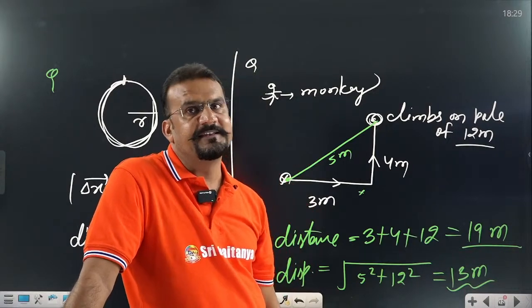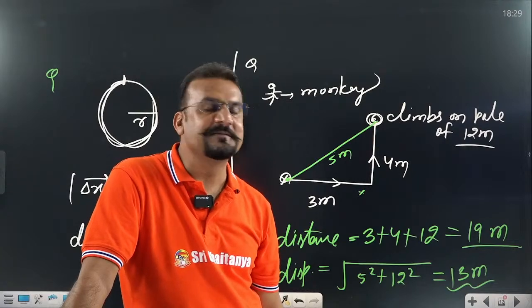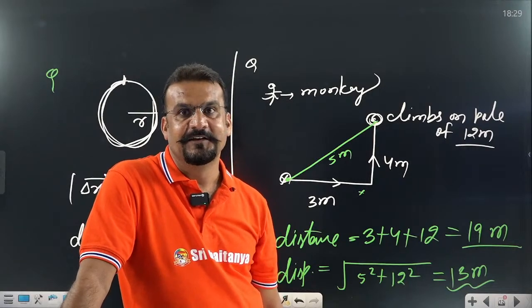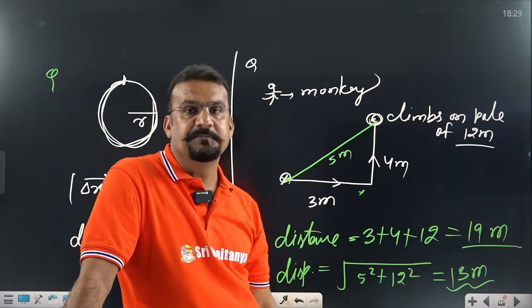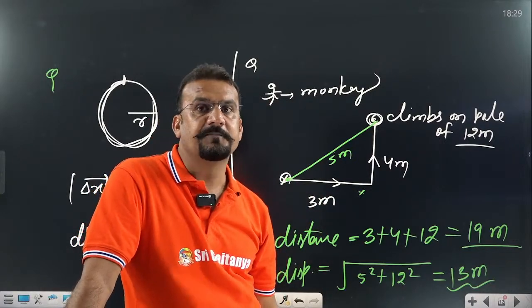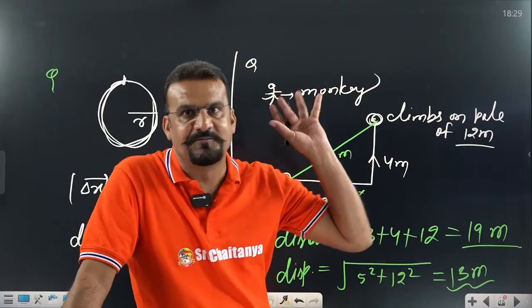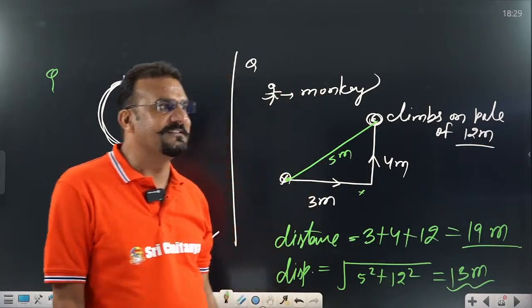One step length is 1 meter and one step time is 1 second. If at a distance of 11 meter there is a pit, after how much time will he fall in the pit? You tell me fast.